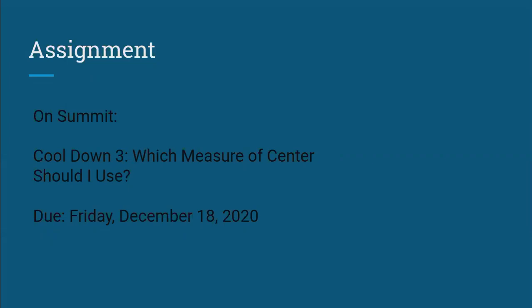We are not going to look to see that the left side looks like the right side, okay? So mean, mode, or median, and you know the mean is the average. So for the third cool down, you are going to decide, given those 3 graphs, which is the best measure of center to use. Okay?